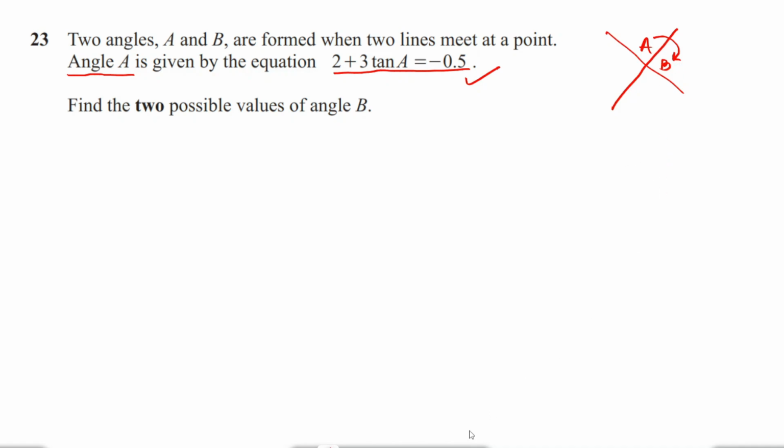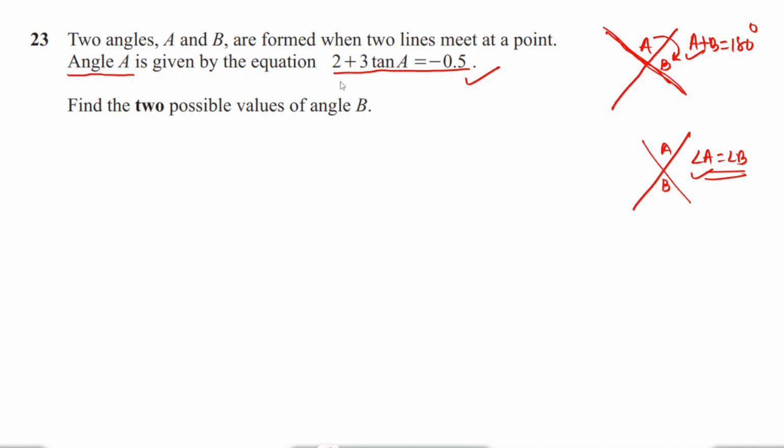And if you see on the other side, angle A and angle B can be like this. Either they are on a straight line, then A + B = 180 degrees. If they are not on a straight line, they would be vertically opposite angles. So when the cross is happening here, opposite angles, then angle A = angle B. So if we find angle A, we can find the value of angle B as well.